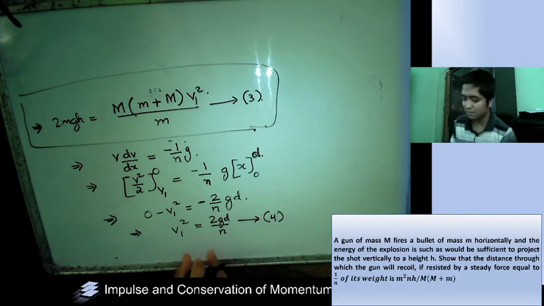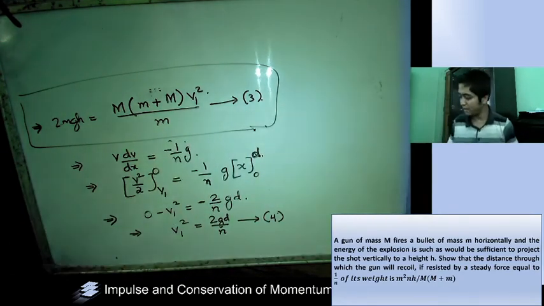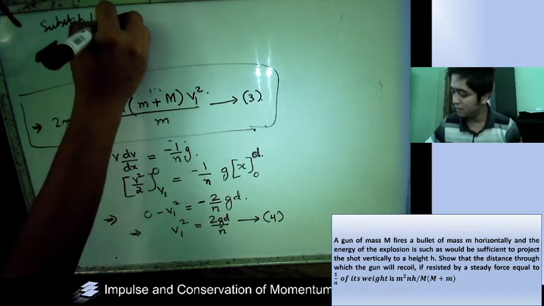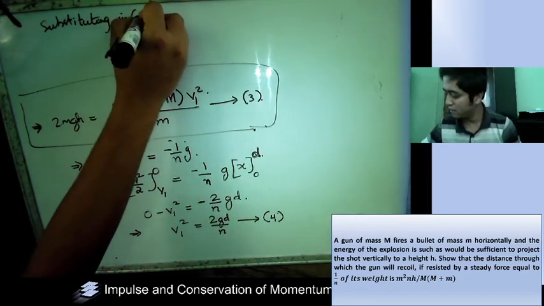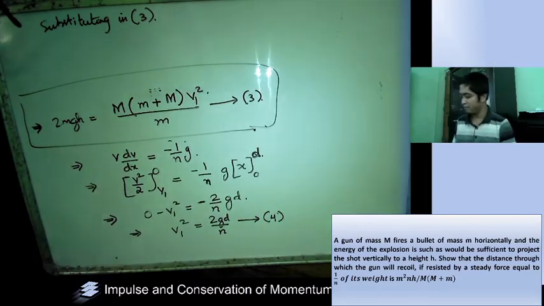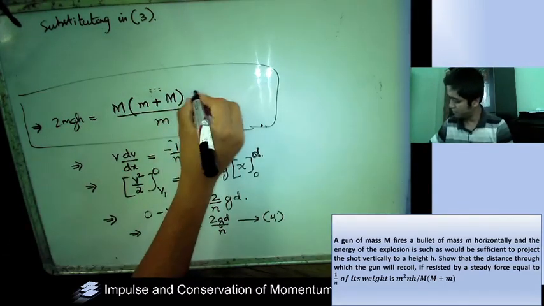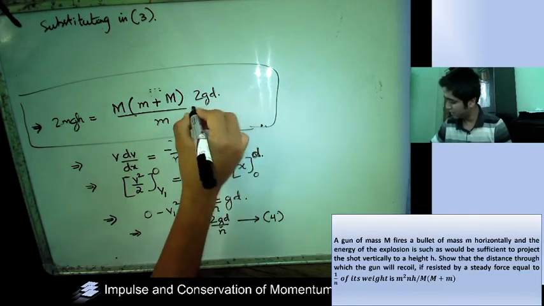We will substitute this one here. What we will get, substituting v1 square in 3, is 2gd upon n.